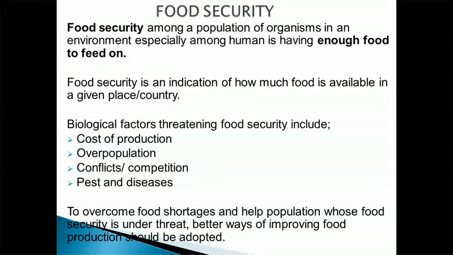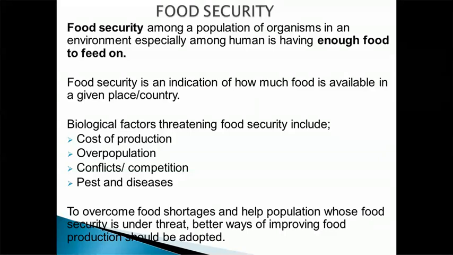Biological factors threatening food security include: first, cost of production, cost of producing this food, right from the market, from the raw industries, and so on. The second issue that can threaten food security is overpopulation, too many people, and so the food does not get produced at the same rate at which the population is increasing, and this can cause a really big issue.